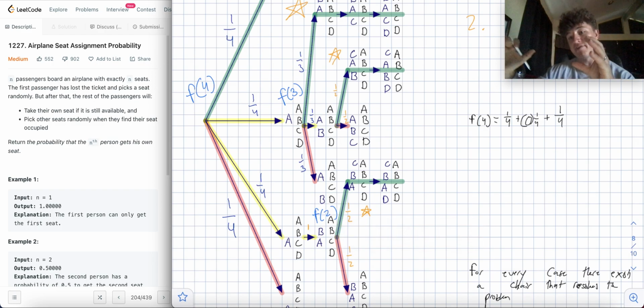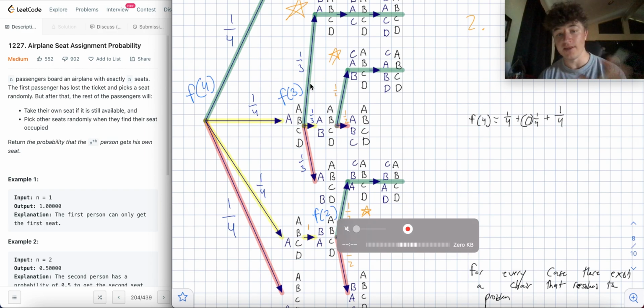Even though the conditions are different, it's really the same scenario where you don't have your chair, so you pick one at random. If you pick the one that works, it works out. If you don't, the problem gets extended or it fails. That's the point I'm trying to articulate: F of 4 and F of 3 are essentially the same scenarios, because you're choosing a chair at random, and the one that you choose fixes the problem.